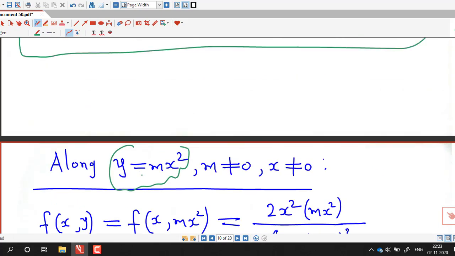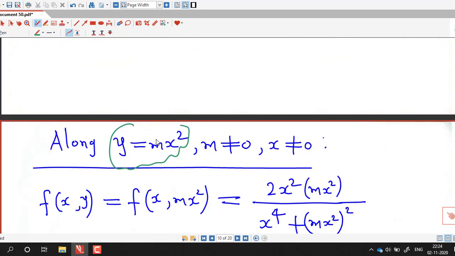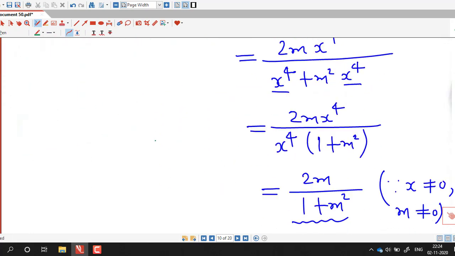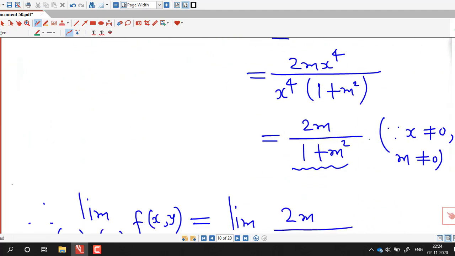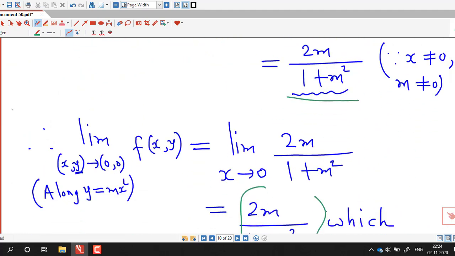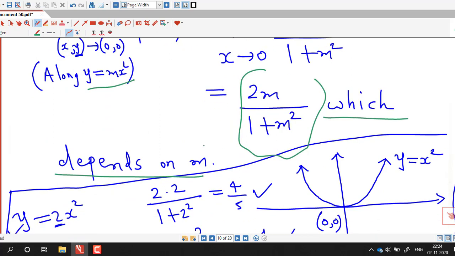So you don't have to write this path. It is not necessary to show that limit is 0 along all possible lines passing through origin. We just have to write that part which shows that limit is different along different paths. So it is enough to write this part only, that along y equal to mx square function becomes 2m upon 1 plus m square, and the limit of function along y equal to mx square is 2m upon 1 plus m square, which depends on m.